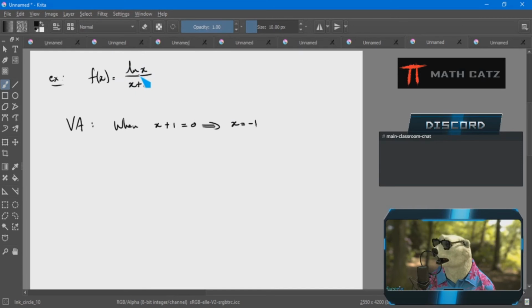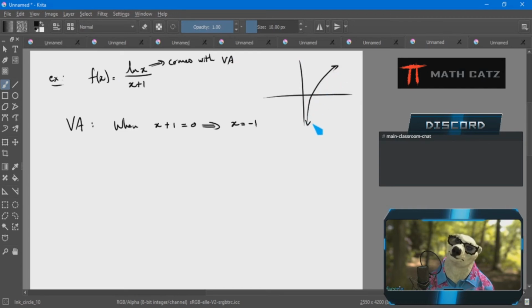It has a log component, and the log component itself comes with a vertical asymptote. Remember what the log looks like? It comes with a vertical asymptote at 0. So I have, not y equals 0, goof. I am a goof. Vertical asymptote.